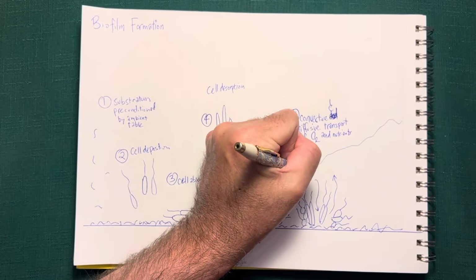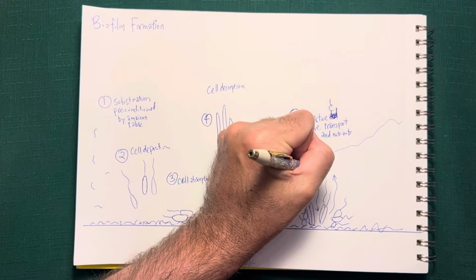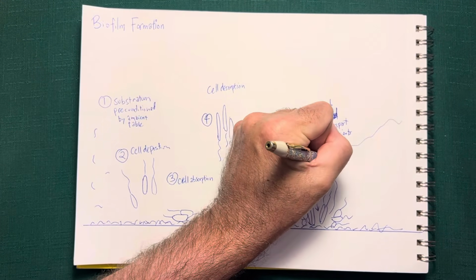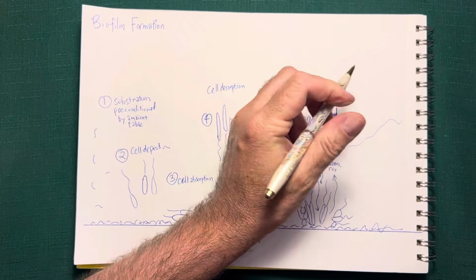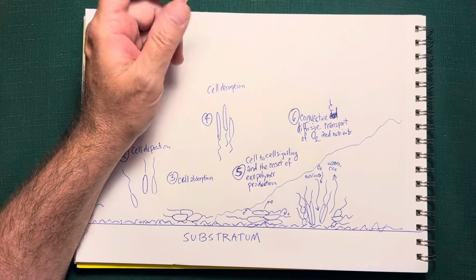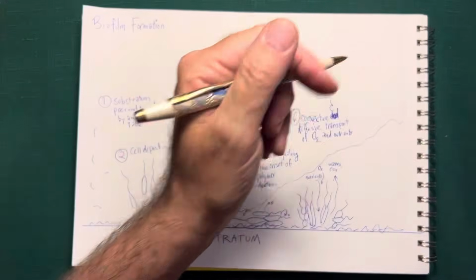So nutrients in, O2 in, wastes out. So we've got some wastes, maybe some CO2. Maybe the CO2 is going to be picked up by some methanogens in an anaerobic part of the biofilm, and they're going to convert it into methane. Many things can happen.